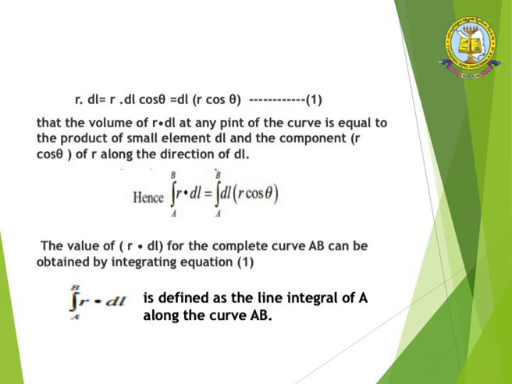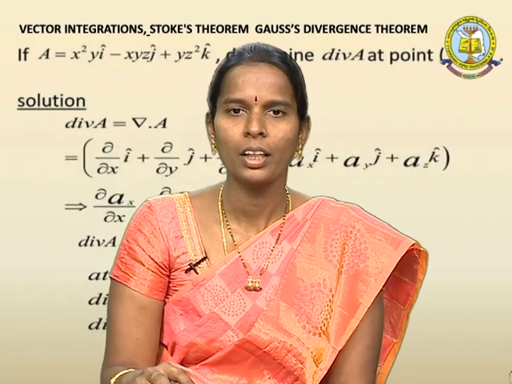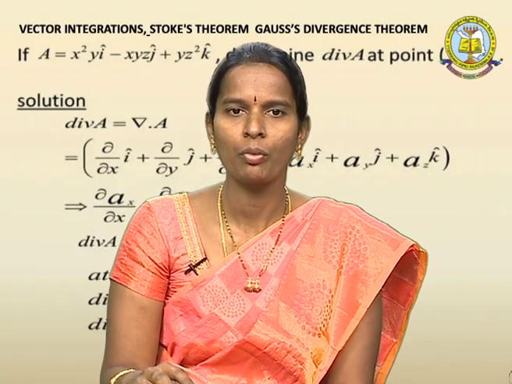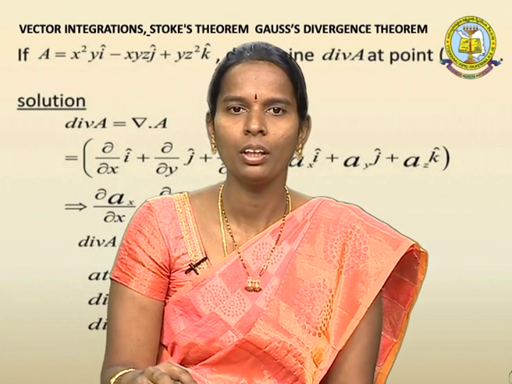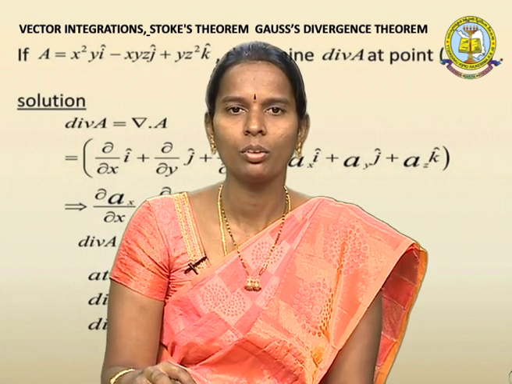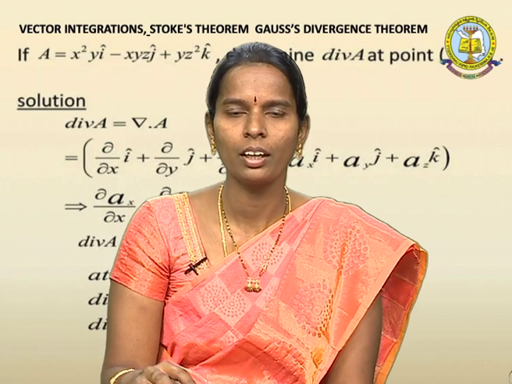So the value of r dot dl at any point of the curve is equal to the product of the small element dl and the component r cos theta of r along the direction of dl. So this value r dot dl for the complete curve from A to B can be obtained by the integral from A to B of r dot dl, which is equal to the integral from A to B of dl r cos theta.